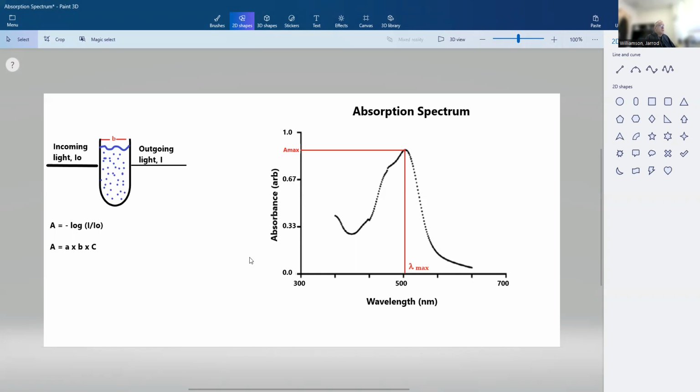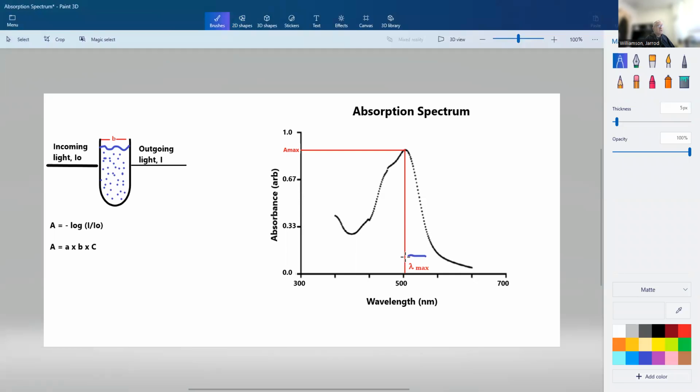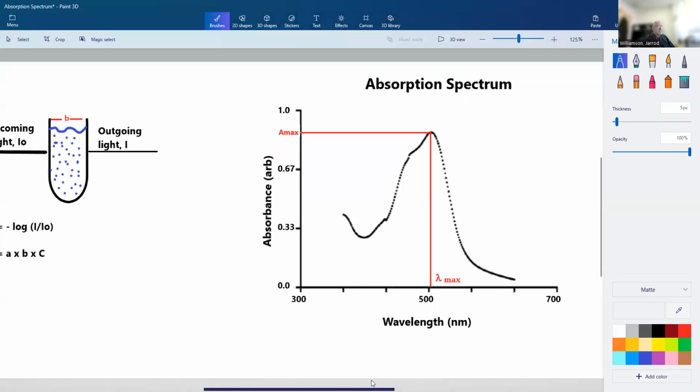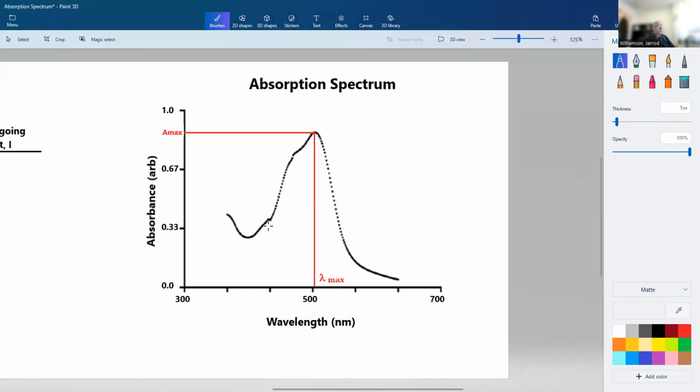One of the things you want to get from your absorption spectrum is called lambda max, which is right there. The way you get lambda max is you plot your absorption spectrum, and then you find the highest absorption value on your graph, and then you find the wavelength of light that gives you your highest absorption value.